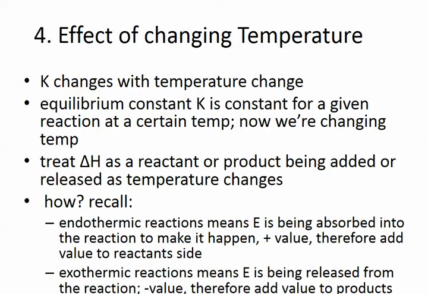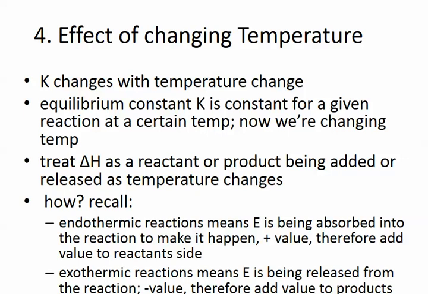So the last effect is the change in temperature. The effect of changing temperature: K changes with temperature changes. So we want to treat delta H, which is what's going to be provided to you, as a reactant or a product being added or released as the temperature changes.